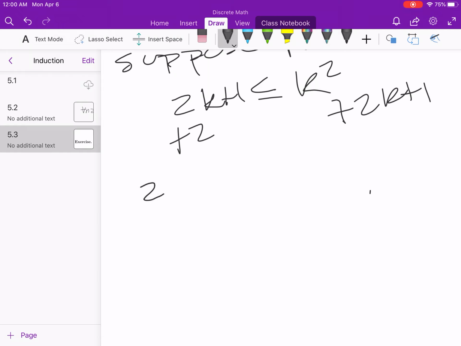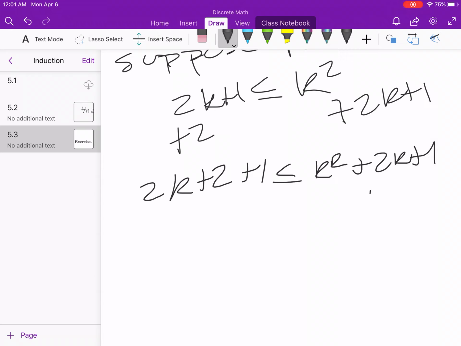Notice here, I'm not going to add all these together just yet. So I've got 2k plus 2 plus 1 less than or equal to k squared plus 2k plus 1. What do I have on the left side? Well, I can factor this out here.